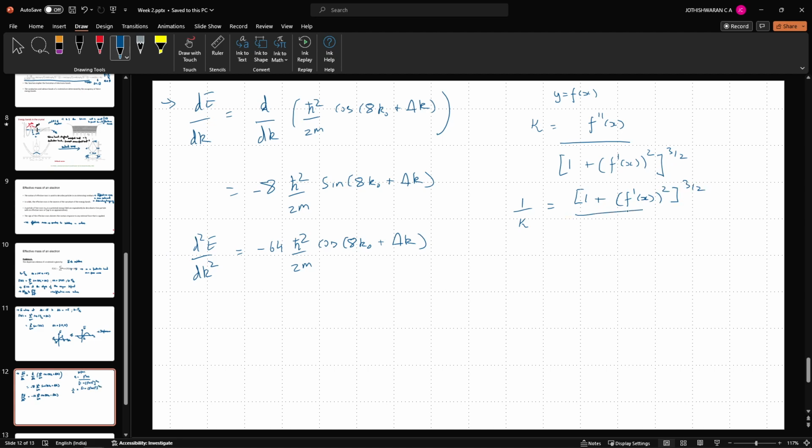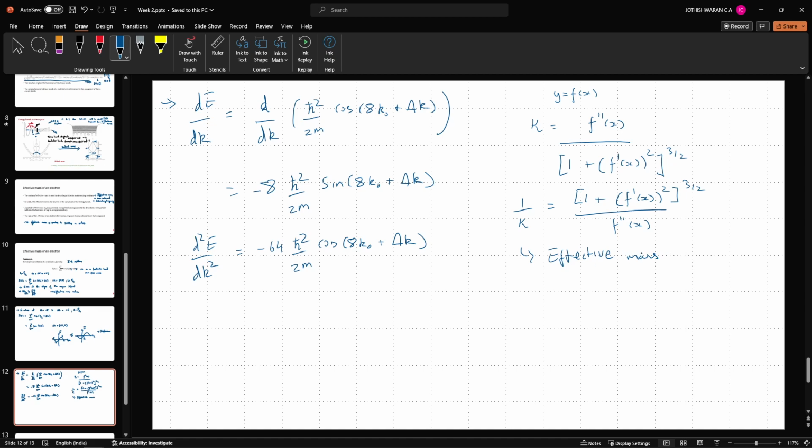So in the denominator, we have the second derivative of this function. This quantity d squared E by dk squared will appear in the denominator, and this is what I'm calling the effective mass.